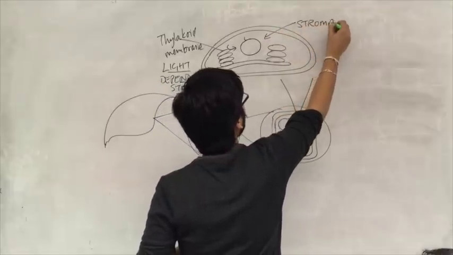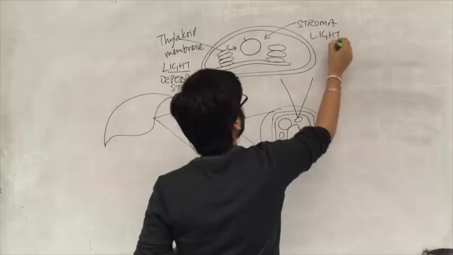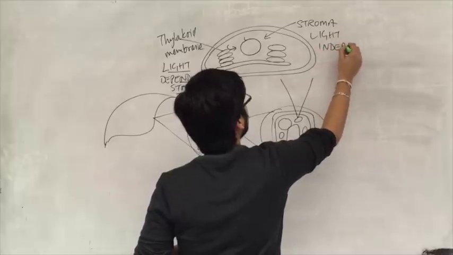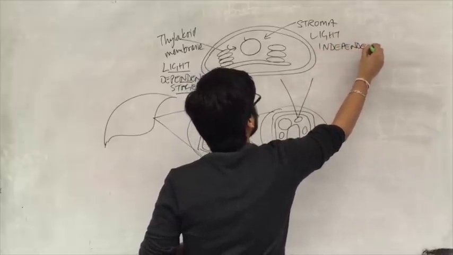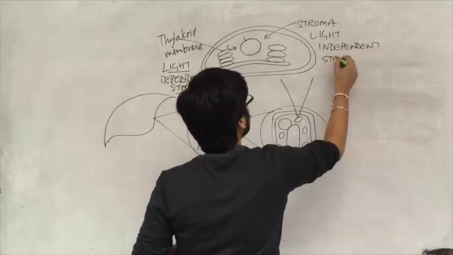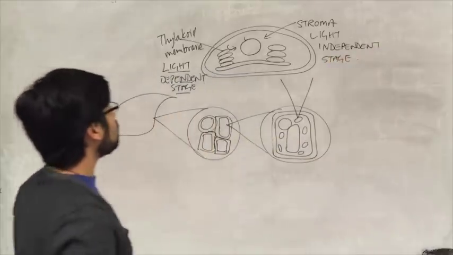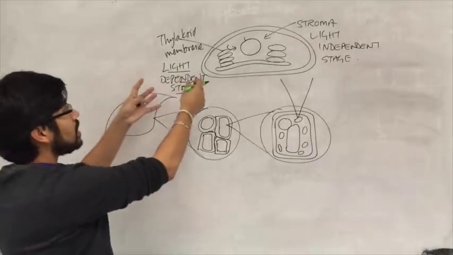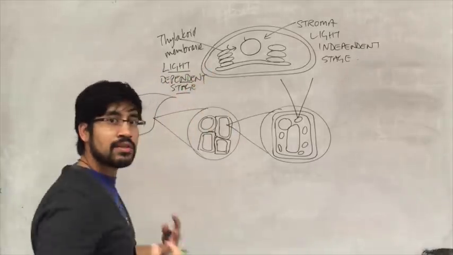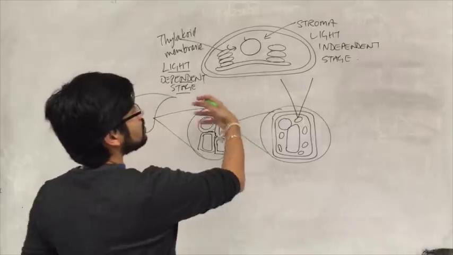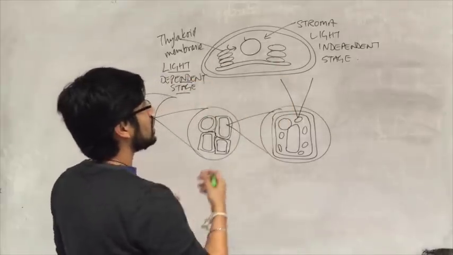So in the stroma we have the light-independent stage. Okay, so the light-dependent stage occurs, that provides some stuff so that the light-independent stage can happen.